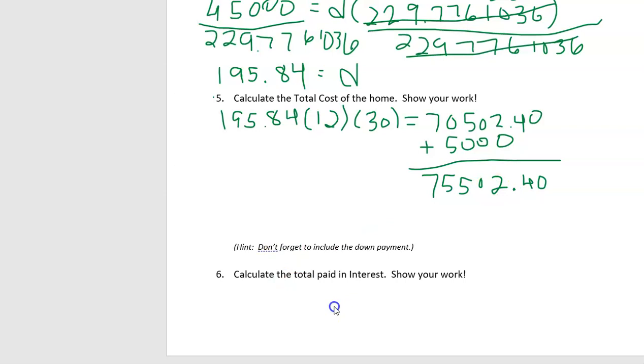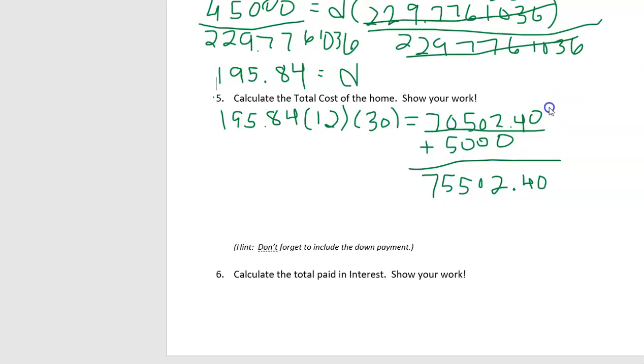Now let's calculate the total paid in interest. Our total cost of our home was this $75,502.40. But let's go back to this right here.